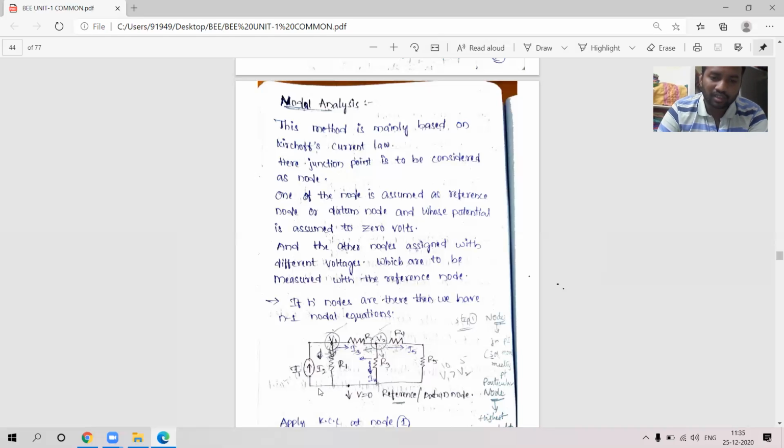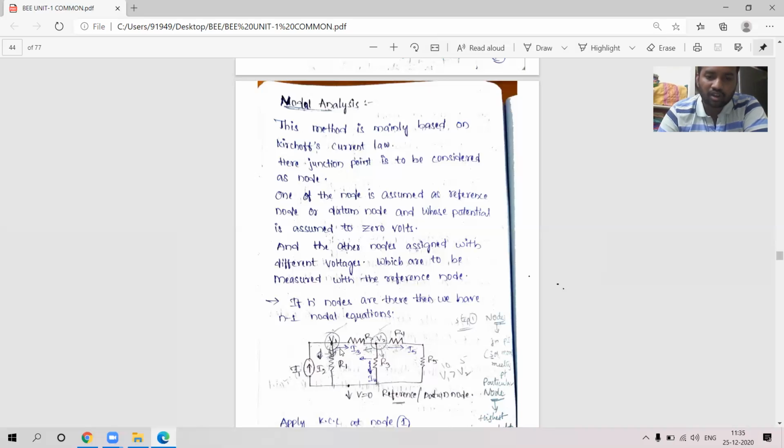That is also a node itself, because all four are connected to this line, so it is a junction point itself. And for this you need to give V equal to 0. That is very important, that this is also one node.